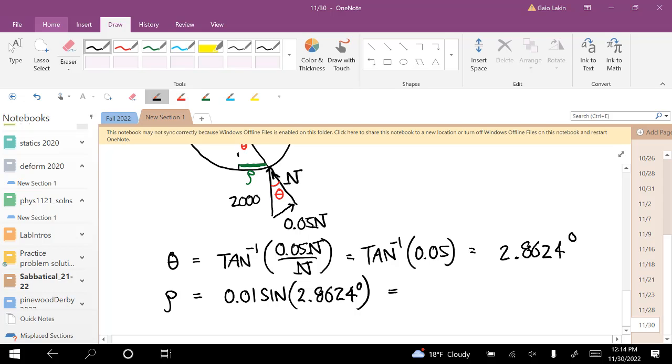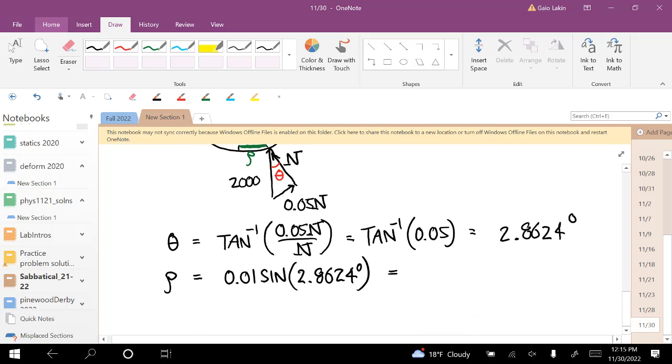It's going to be very close to whatever that is in radians, by the way. Getting 4.9938 times 10 to the 4... 4.99, 37525. Okay, I'll just keep that many times 10 to the minus fourth. And that's meters.